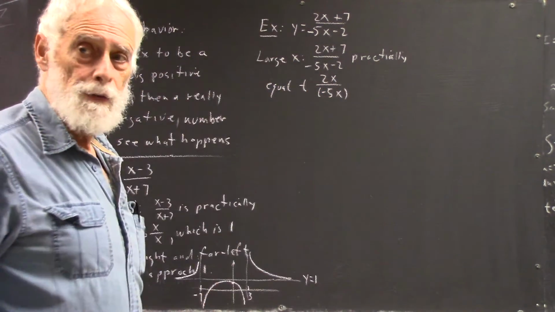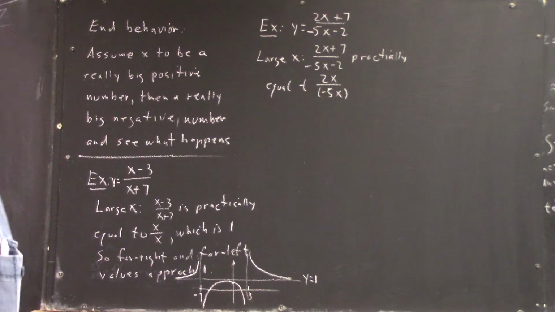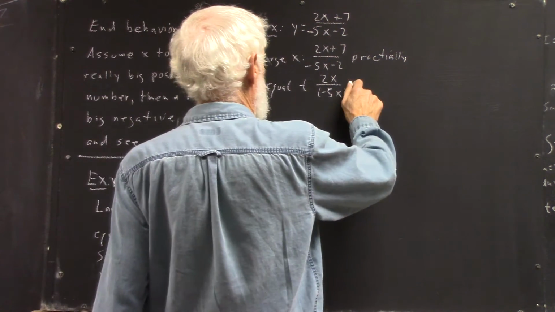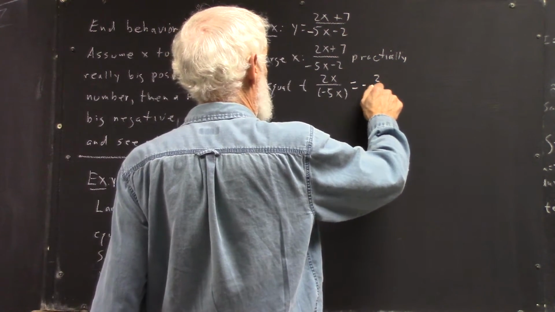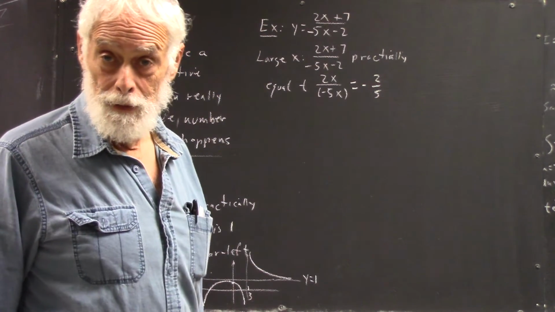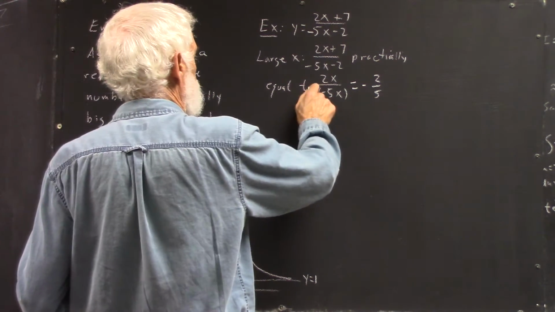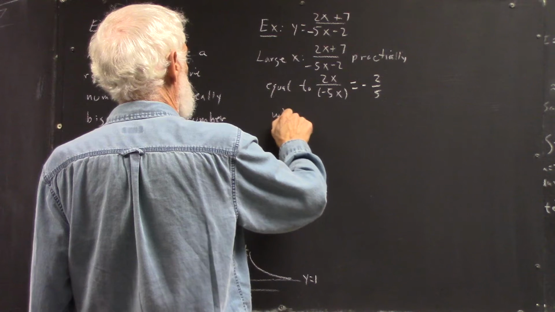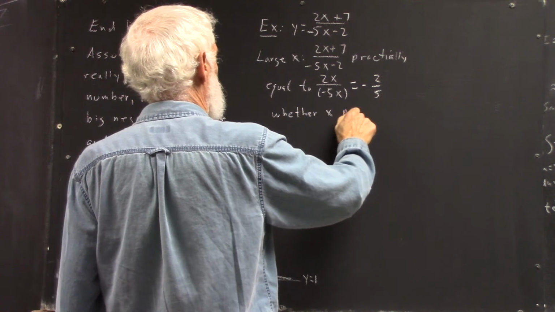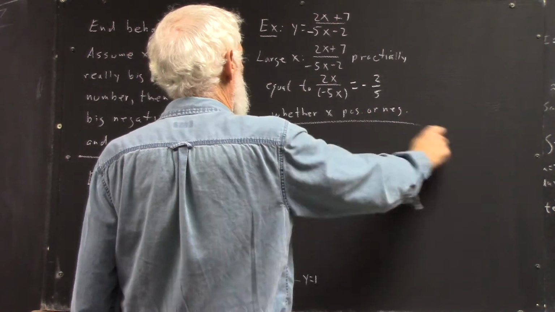The plus 7 and the minus 2 don't amount to a hill of beans if x is big. The only thing that matters is the highest power term you have here. Well, now you get -2/5. Okay? Whether x is positive or negative.